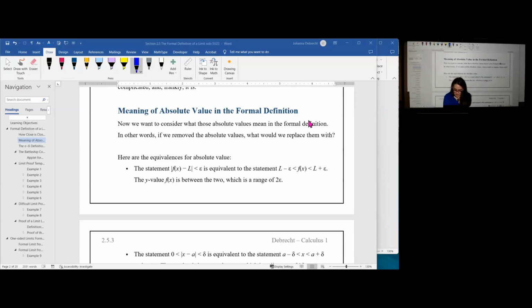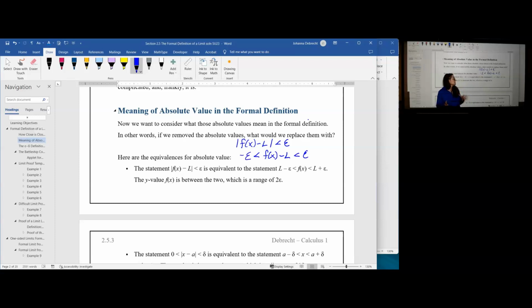In other words, if I want to write the absolute value of f of x minus L is less than epsilon, which looks kind of like a cursive E, I could also write that this means that f of x minus L without the absolute values has to be between epsilon and negative epsilon.